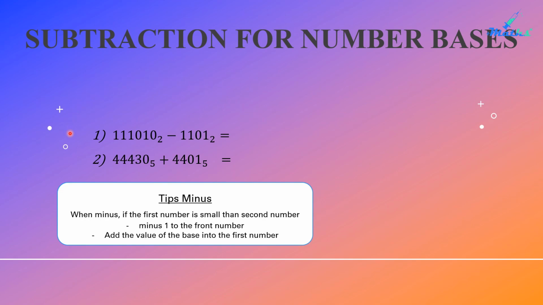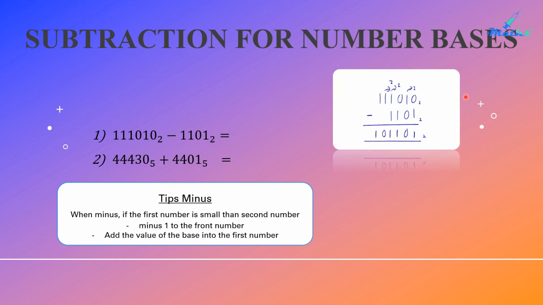After that, the minus question. In the minus question here, as you can see, it is the same base, so you can just do the formula. Here, you see, 0 minus 1. But 0 is not enough to minus 1.